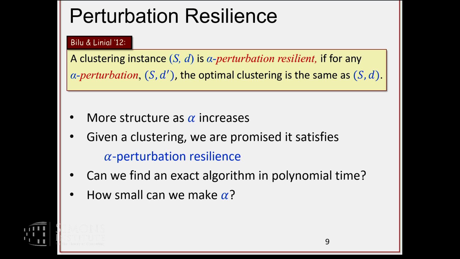So the goal is, how small can we make alpha and still come up with interesting results? In particular, we're going to be shooting for optimal algorithms. So no more approximation algorithms like the worst case, but our goal is how weak a condition we can use and still get an optimal algorithm. So how small can we make alpha and still get an optimal algorithm?